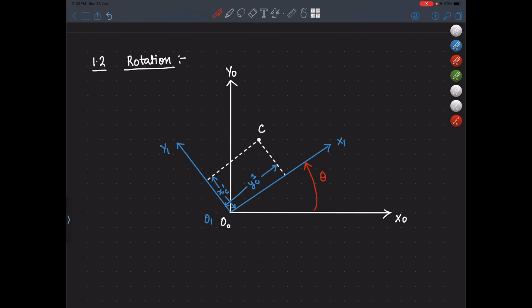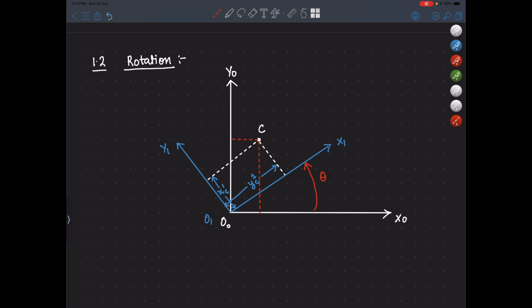All right. Now we want to know the coordinates of C with respect to the coordinate frame 0. Okay, so let's draw the perpendiculars.